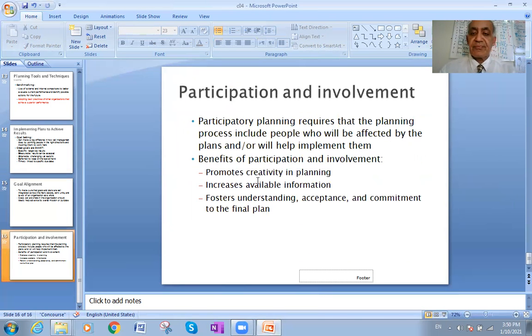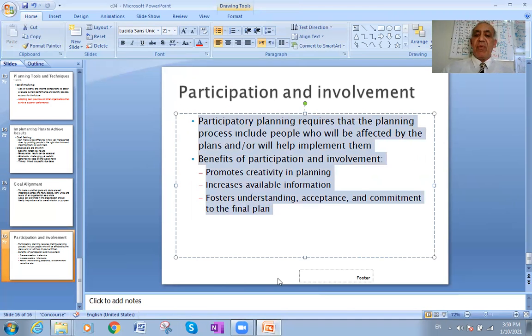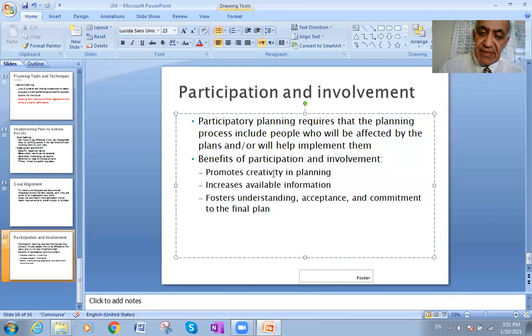Also, there must be participation from all the levels of the management in setting up the plan, like we said before. Because when people participate, this will promote creativity in planning, will have people with new ideas, will increase available information.